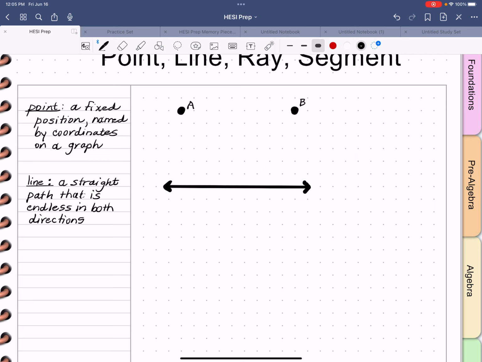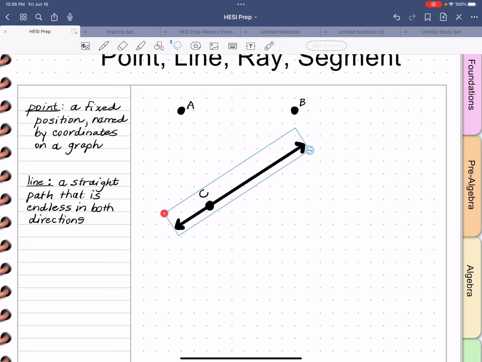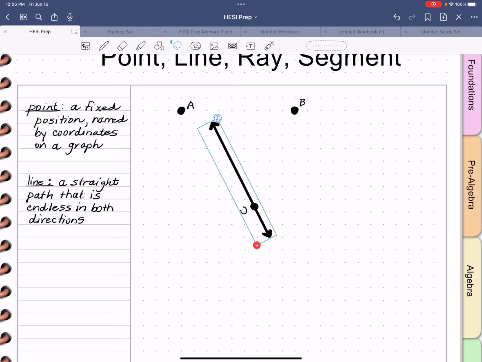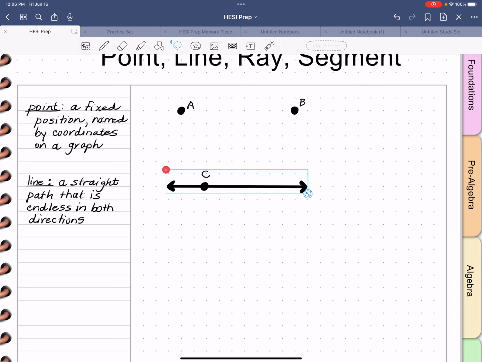Lines can pass through points, but it doesn't change anything with respect to the definition of a line. You can rotate a line. So here is a horizontal line, but you can turn it and you are not changing anything with respect to the line. It is still, by definition, a line.